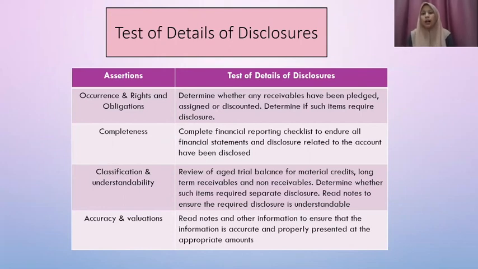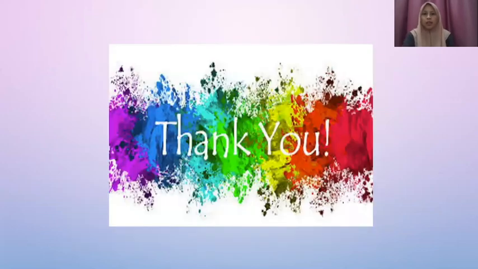For completeness, the auditor can complete a financial reporting checklist to ensure all financial statements and disclosures related to the account have been disclosed. For classification and understandability, the auditor can review the aged trial balance for material credits, long-term receivables, and non-trade receivables. For accuracy and valuation, the auditor can read notes and other information to ensure that the information is accurate and properly presented at the appropriate amount.